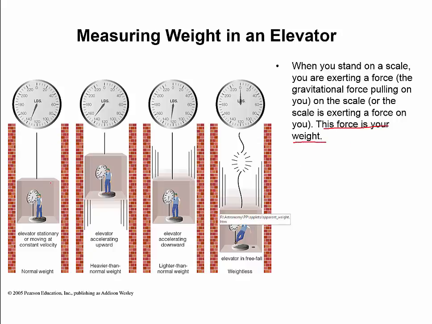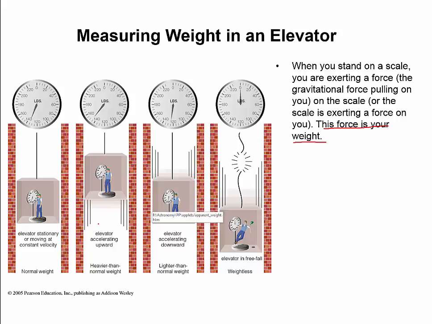Now, that means if the elevator is moving with a constant velocity, it will read your weight. If it is moving upward with acceleration, it should read more. You see, if your weight is 140, if the elevator begins to move up, it will be reading more than 140. Why?